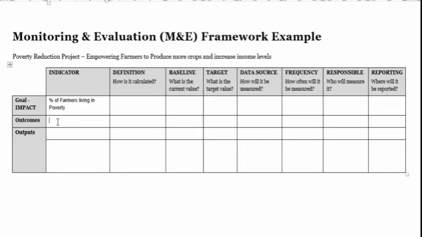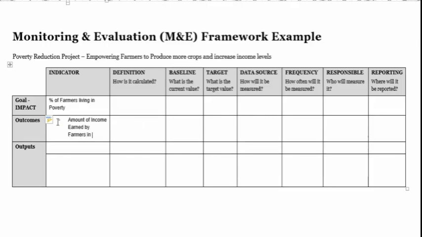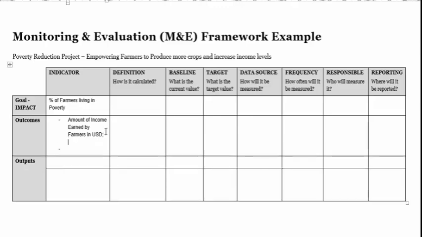Once the indicators are identified, the next step is to define them clearly. For instance, percentage of farmers living in poverty can be defined as the proportion of farmers living on less than $2 a day. Average income earned by farmers, USD, refers to the total earnings generated by farmers, male and female, within a given time period, expressed in US dollars.